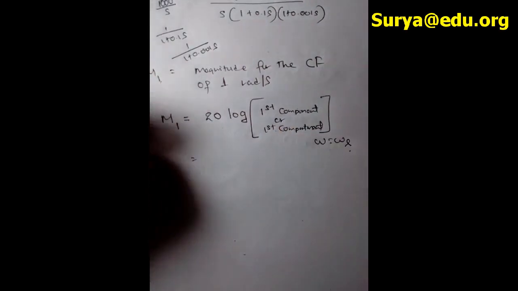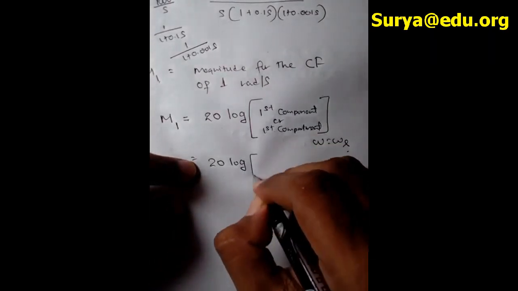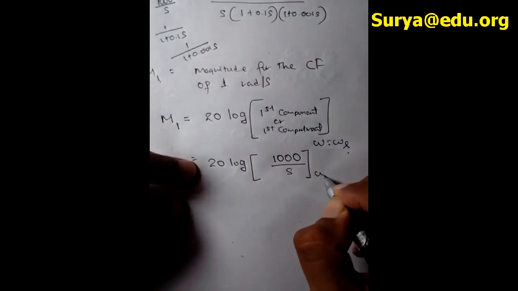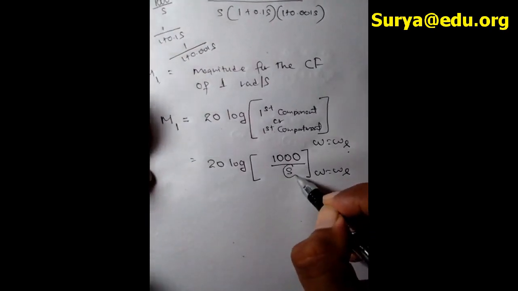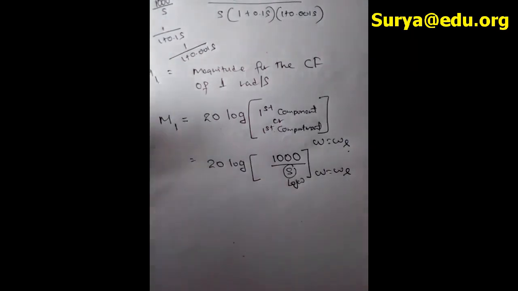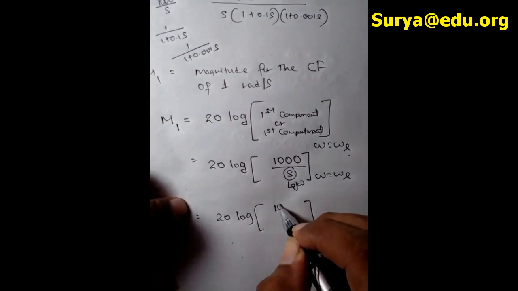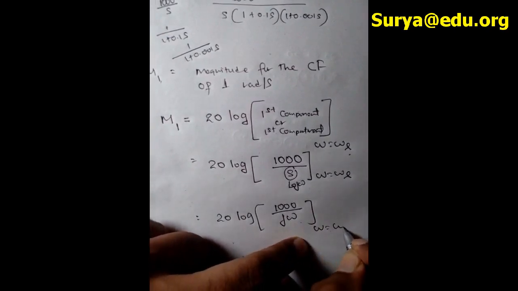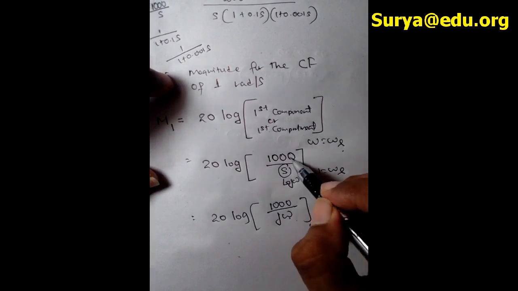Carefully focus, guys: 20 log, what is our first term? 1000 divided by s at omega equals omega L. But in order to do the calculations, it is better to replace s by j omega. That would be much better. So 20 log of 1000 divided by j omega at omega equals omega L. Here 1000 divided by j omega came from 1000 divided by s.